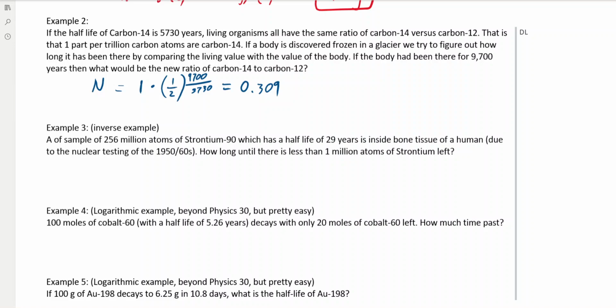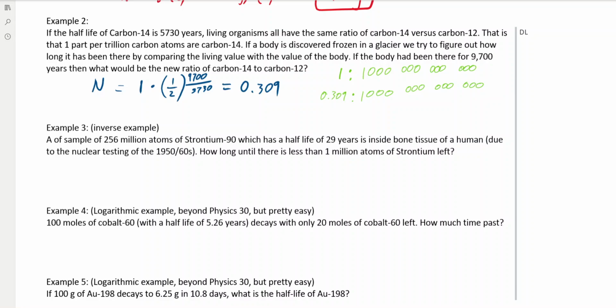So what we need to do is, it used to be 1 to a trillion, but now it is 0.309 to a trillion. If we want to, we can change this. Sig digs are not clear, we probably have 1 sig dig.